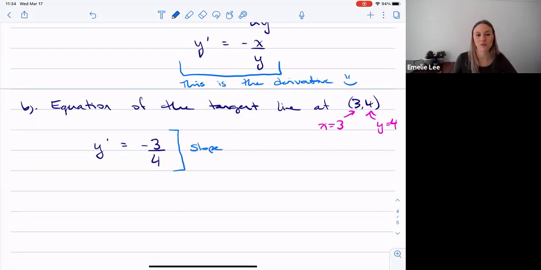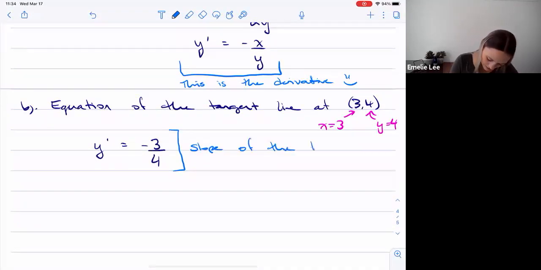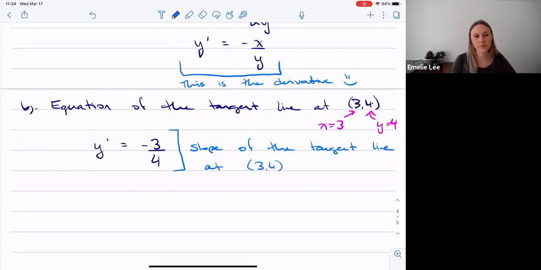And this is the slope of the tangent line at (3, 4), because that's the definition of the derivative. So now I have the slope.